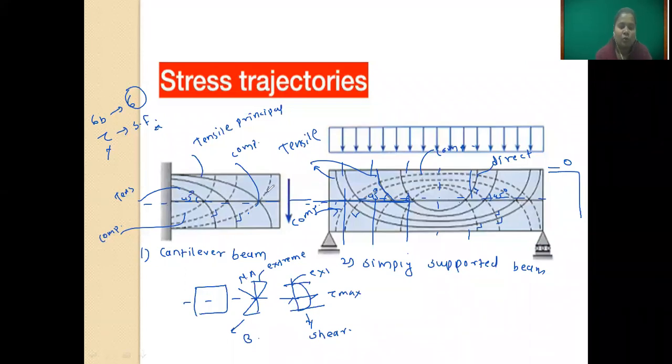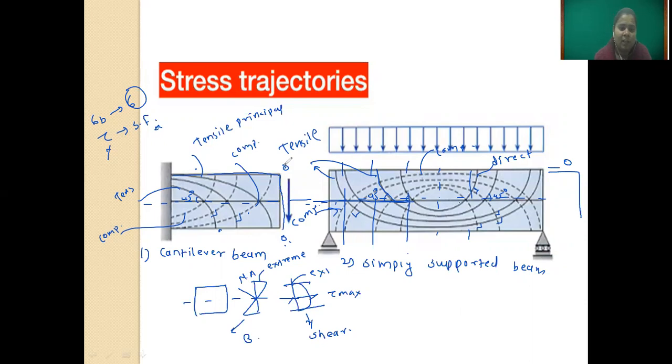Okay, so at the top and bottom portion of the beam, where shear stress is zero, at that point stress trajectories are horizontal and vertical.